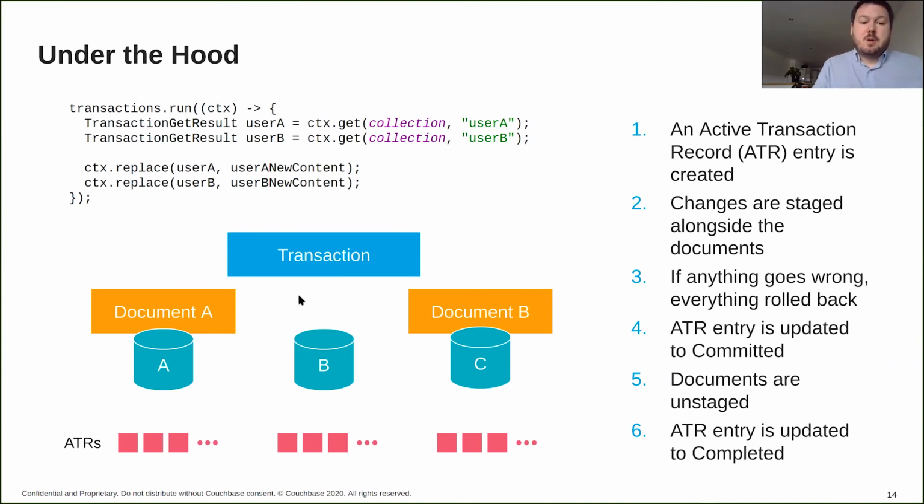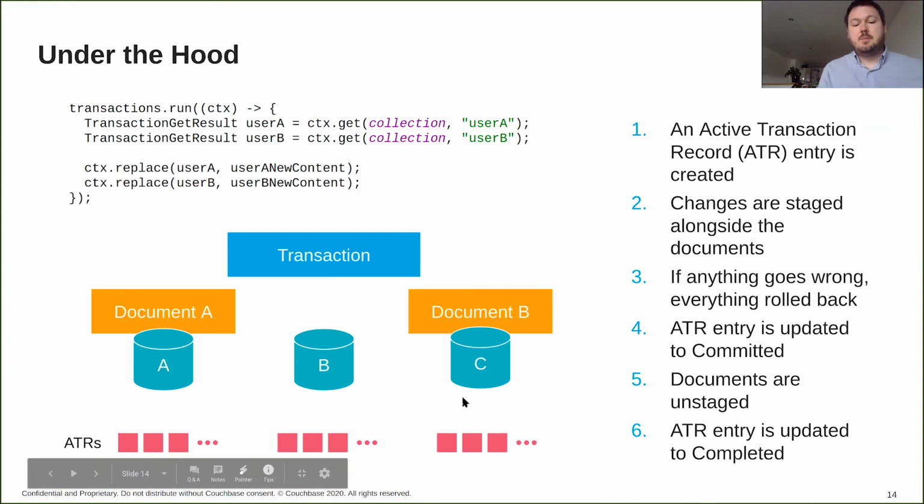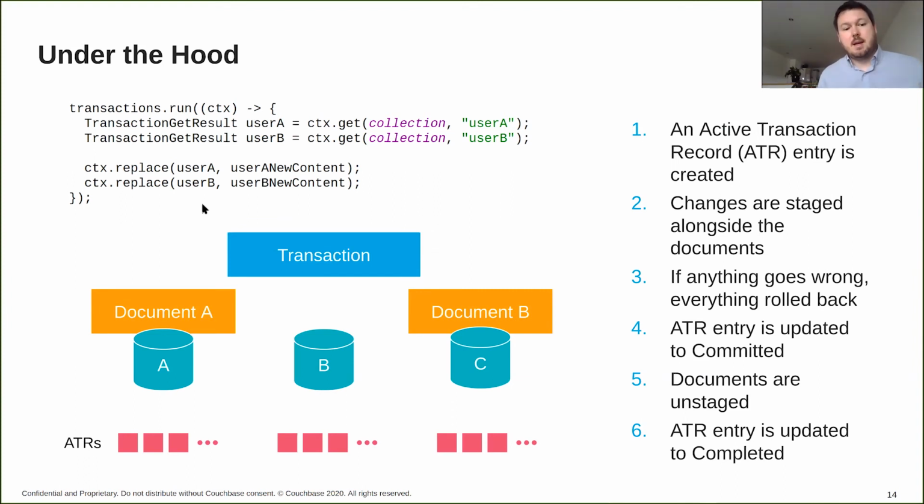If anything goes wrong during this stage, then as mentioned, we will roll back everything that's been done so far. And then we will either fast fail the transaction or retry the transaction, depending on the error. If we believe that the error will be resolved on a retry, such as a write-write conflict, we would retry the transaction.